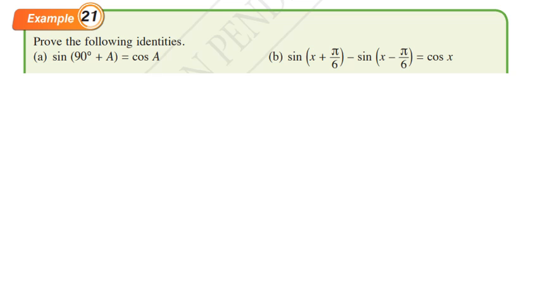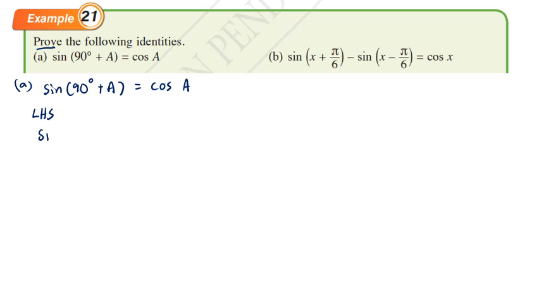Okay, so for A, we just write back sin 90 plus A equal to cos A. The keyword here is we want to prove. So if we want to prove, we need to choose which side gives more complexity to us. So more complex means the left hand side. So teacher chooses the left hand side.